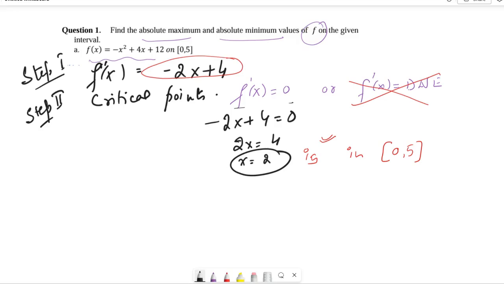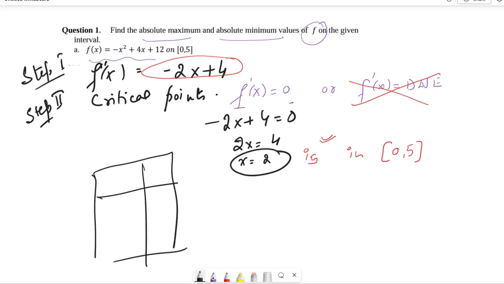So what do we need to do now? The next step is to check the value of the function at what points? At the end points. What are the end points? End points are 0 and 5. So we need to find the function's value at the end points and also at the critical point, which is in your interval.